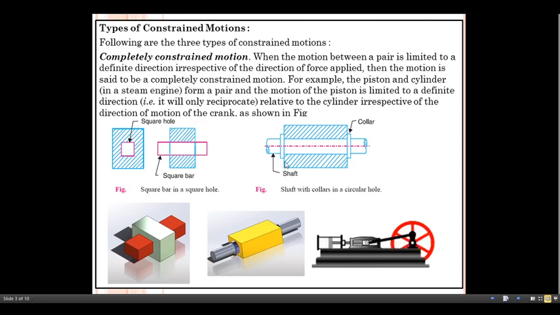Only the turning motion is available, in a definite direction. So restriction is given for the reciprocating motion of this circular bar towards the right direction or towards the left direction, meaning we get the completely constrained motion.